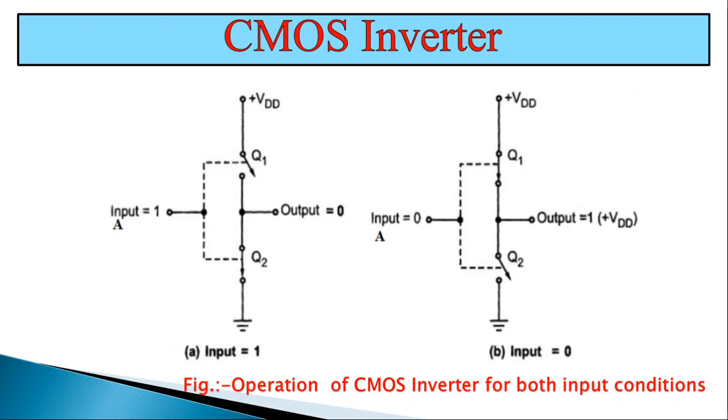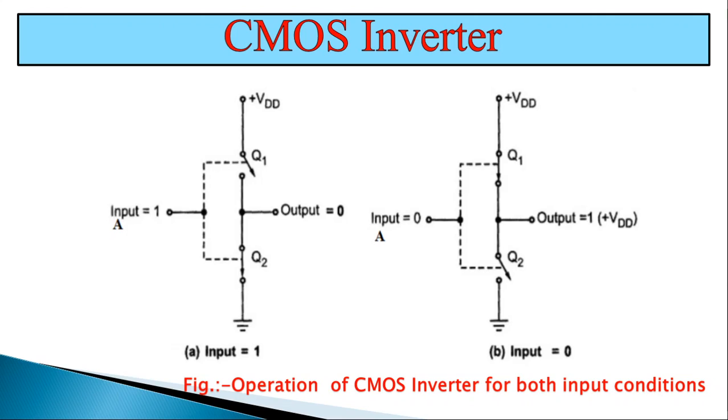When input is high, the gate of Q1, that is P channel MOSFET, is at 0 volt relative to the source of Q1, that is VGS1 is equal to 0 volt. Thus Q1 is off, and on the other hand, the gate of Q2, that is N channel MOSFET, is at plus VDD relative to its source, that is VGS2 is equal to plus VDD.